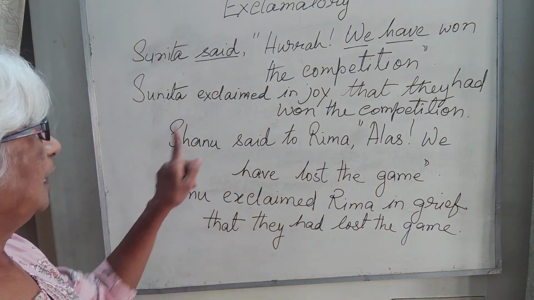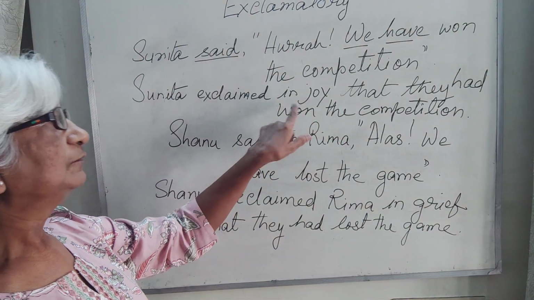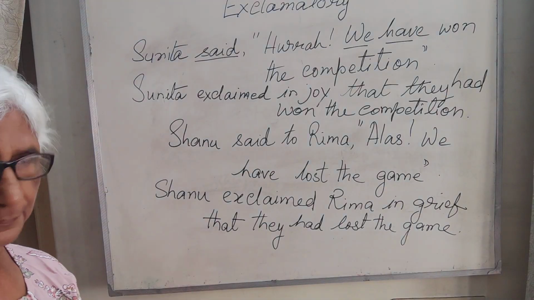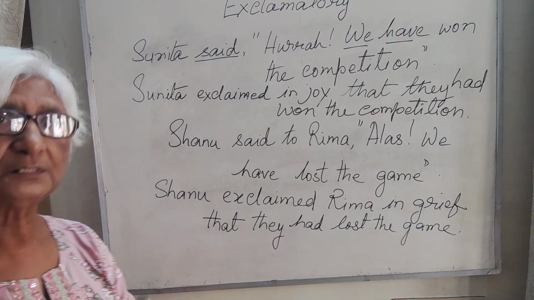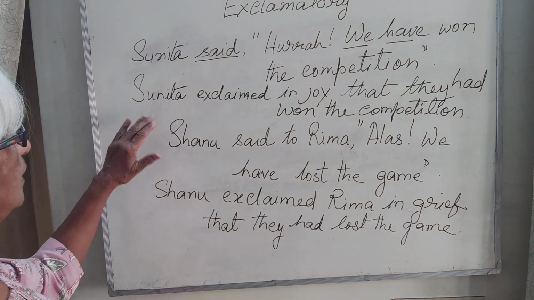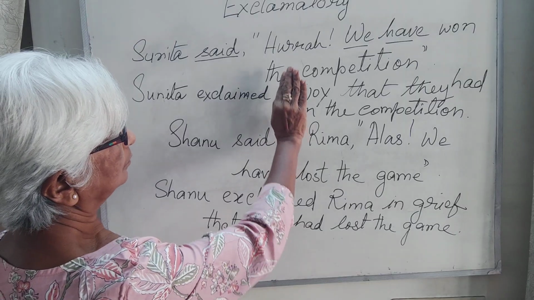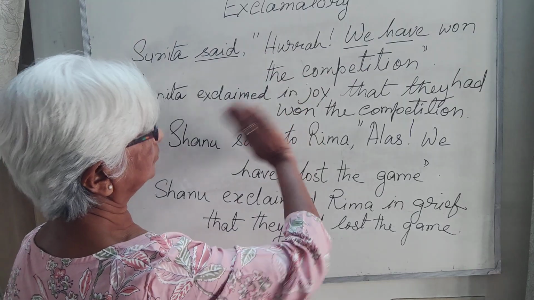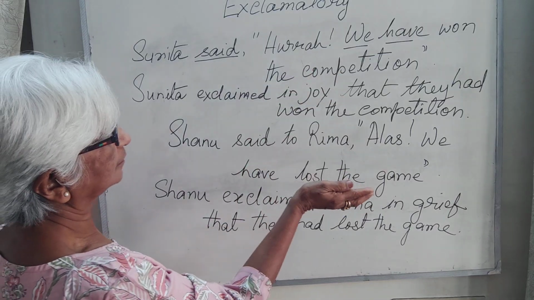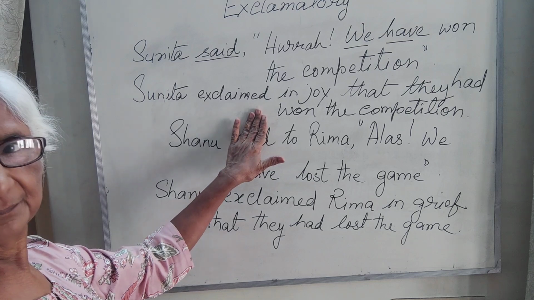But the exclaimed in, if you use with the feeling, with the emotion, that will make your sentence perfect. But suppose if you are not able to understand the emotion, and you don't know whether it is a joy or a sorrow or a pain, whatever it is, then you can just write exclaimed.